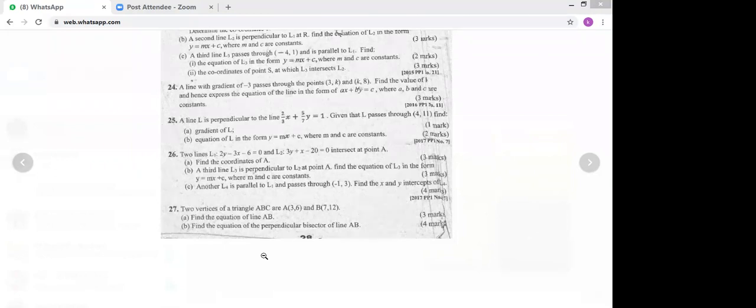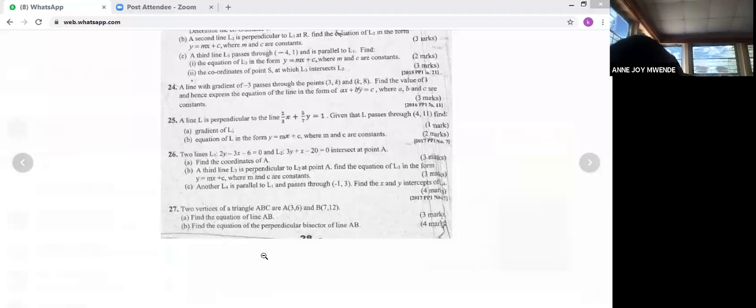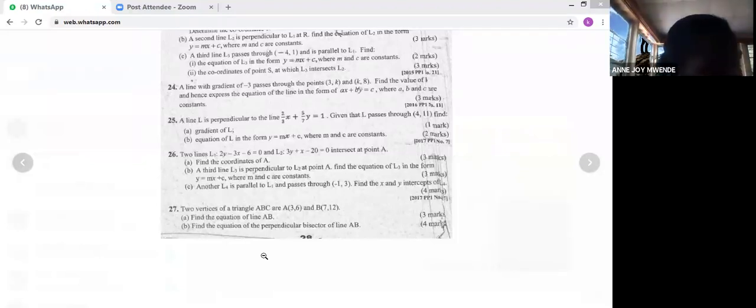Then I changed it to the perpendicular gradient, so I got 3. And then I substituted to get that equation. So the y-intercept is 0. It passes through the origin, and we are instructed to give it in the form y equals mx plus c, so we must have 0 there. So y equals 3x plus 0. Correct? Next student, to answer part C.